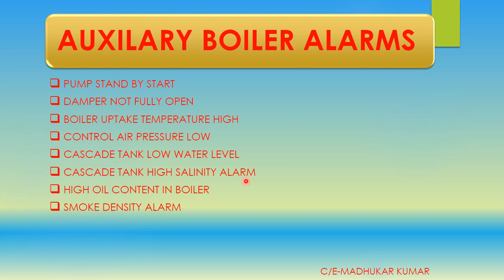Cascade tank high salinity alarm: boiler water salinity indicators are there, and if it is high you have to check. High oil content in the boiler: you have to check the observation tank, and if oil is coming into it, find the source and arrest it. Smoke density alarm is also there in the boiler. I have already discussed most of the alarms with reasons and some corrective actions.